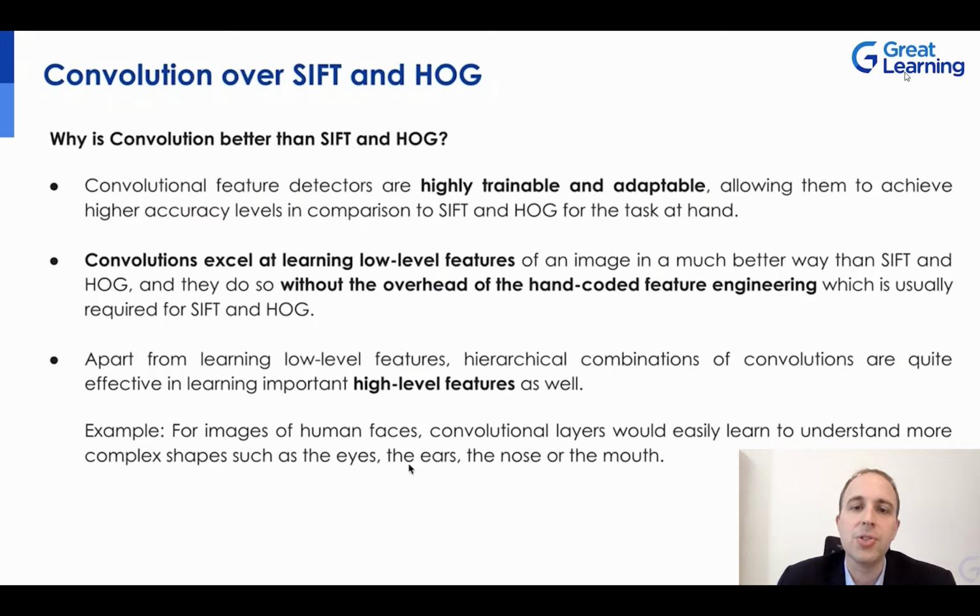It can understand both low-level and high-level features of a human face, and it can help you recognize a person's face with code instead of needing to look at that person. So these are some advantages of convolution.